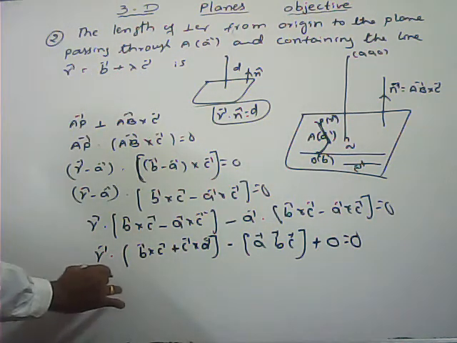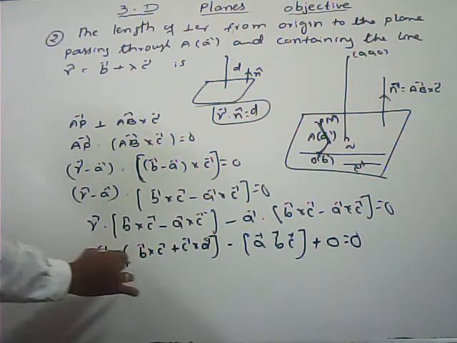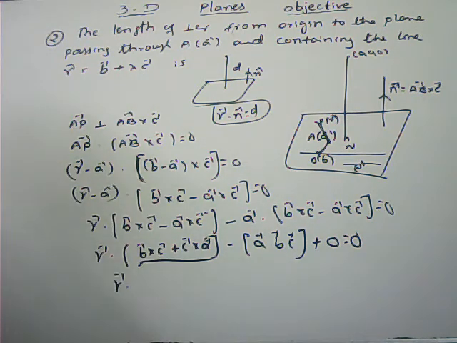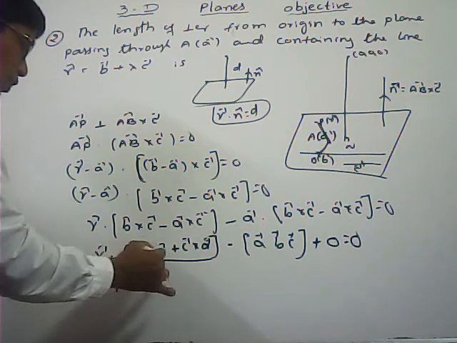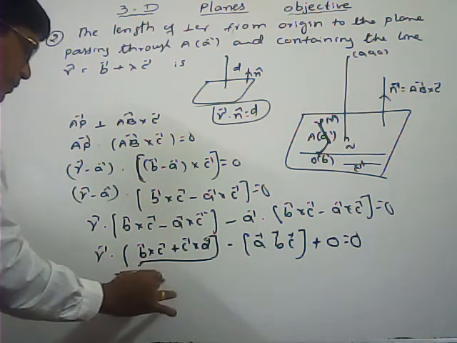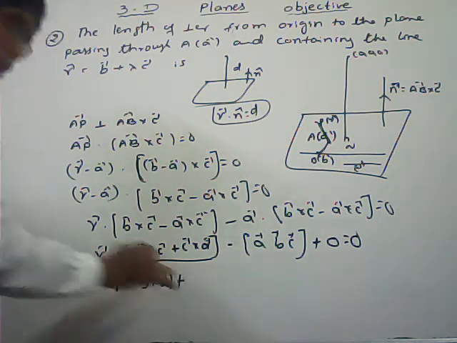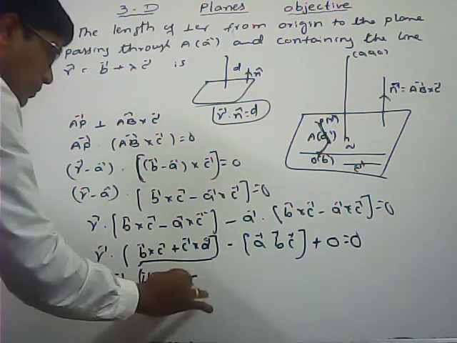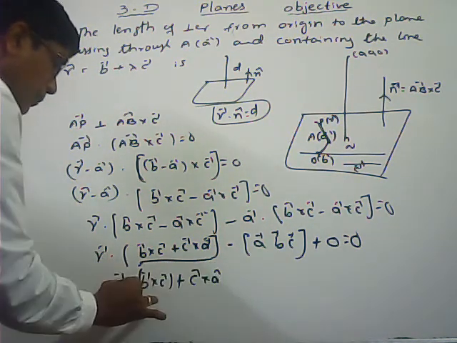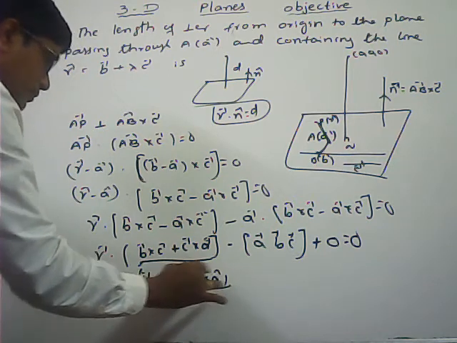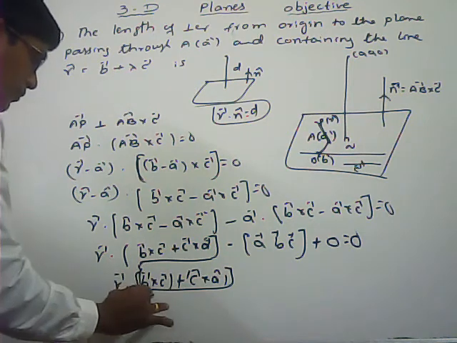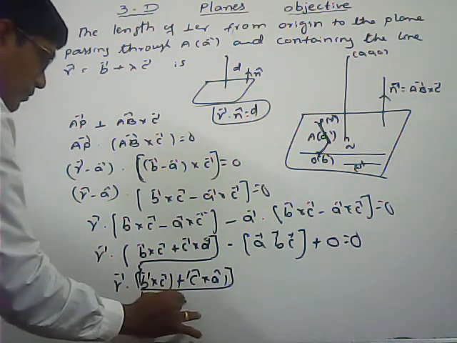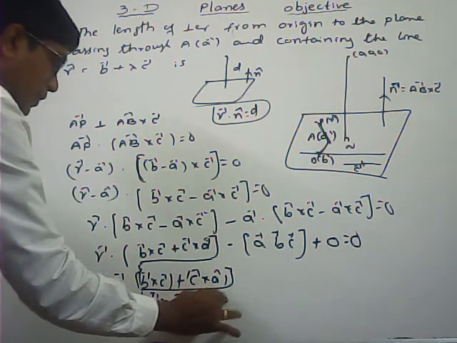Now R bar dot, this is the vector only. Unit vector, how to get the unit vector? We have to divide by its modulus. B bar cross C bar plus C bar cross A bar by its modulus. That is equal to box ABC by modulus of B bar cross C bar plus C bar cross A bar.